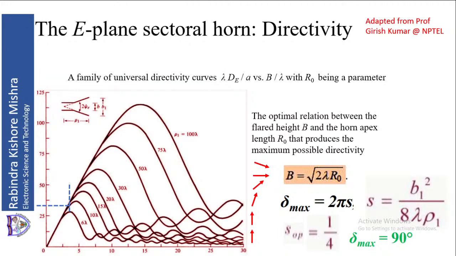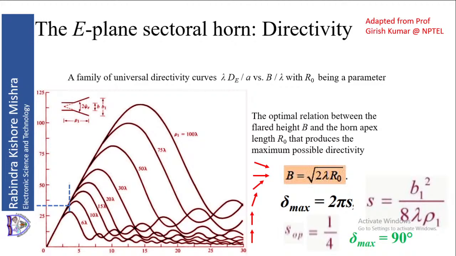Okay. So now we see a family of curves, with lambda d e by alpha on the x-axis versus b by lambda on the y-axis, with R0 being the parameter.